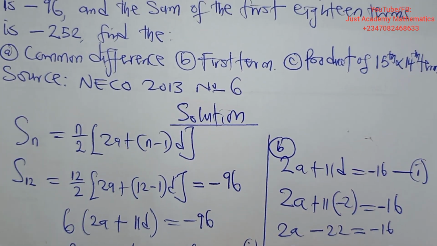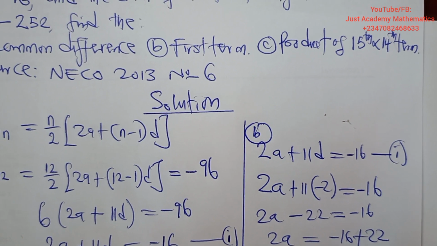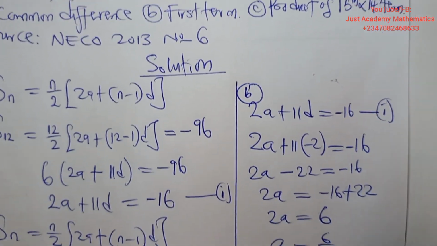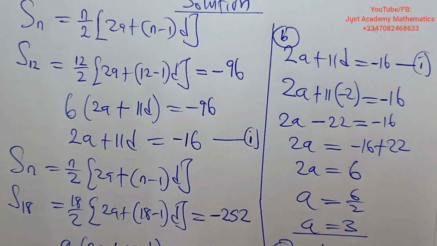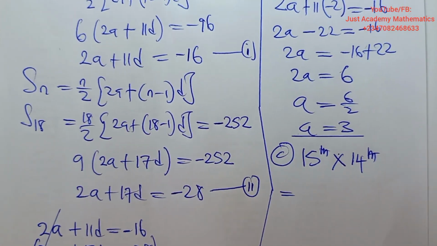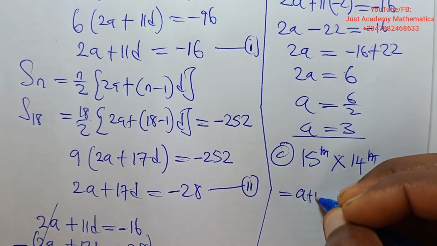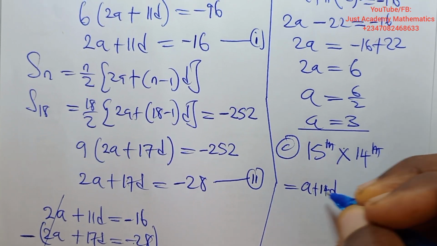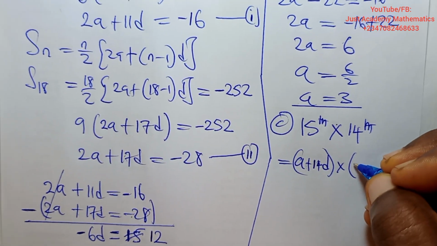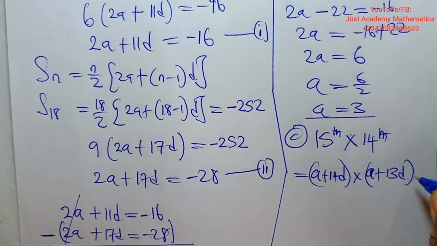Then the last part says the product of the 15th term and the 14th term. That is the 15th term times the 14th term. Let's find out. What is the 15th term? We follow the nth term formula. The 15th term is a plus 14d, and the 14th term is a plus 13d.